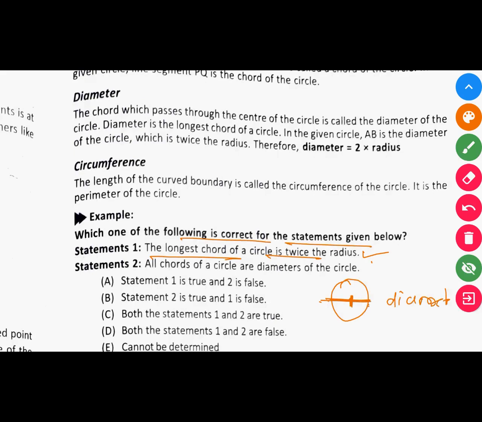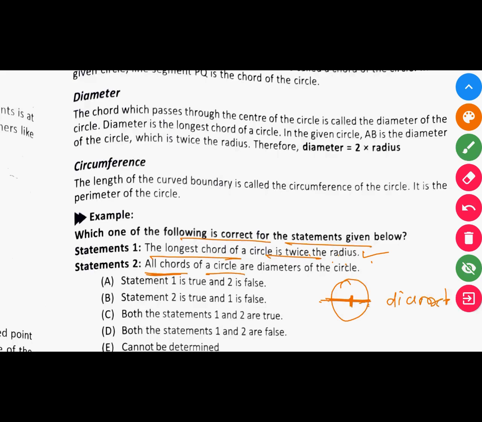The longest chord is not termed a chord, it is termed a diameter, but it is a chord because it joins 2 points on the circle. It is a line segment, so it fulfills the definition of a chord. It is a chord, but that special chord is known as the diameter. So the longest chord of the circle is twice the radius.